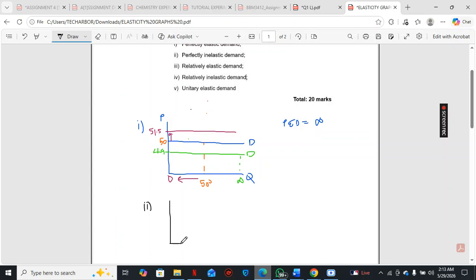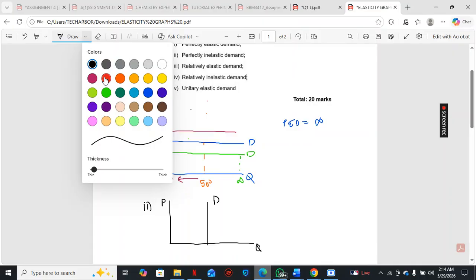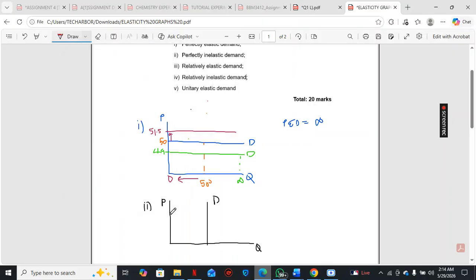So here on our graph, our demand curve is going to be a straight vertical line going up like this, labeled D. Let's say the original price here is 50 kwacha.